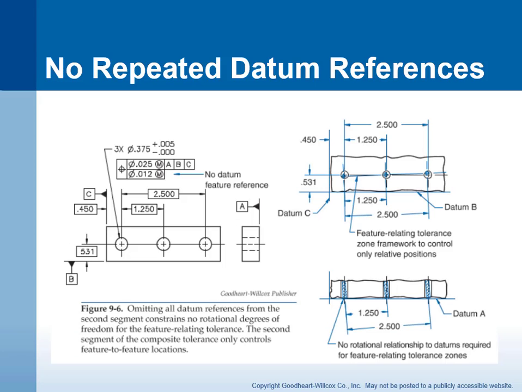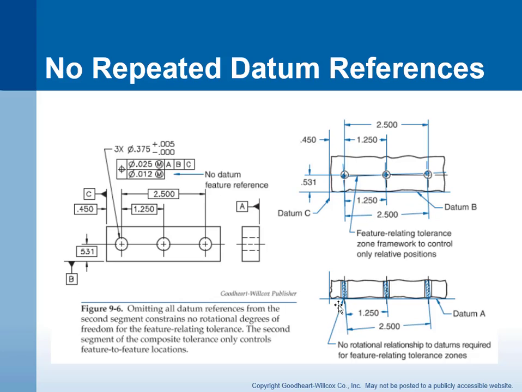Conceptually, this is what this means. We don't have any datums in the second line, and so what we have is this feature relating tolerance zone framework to control only relative positions to each other, with no rotational relationship to datums required.